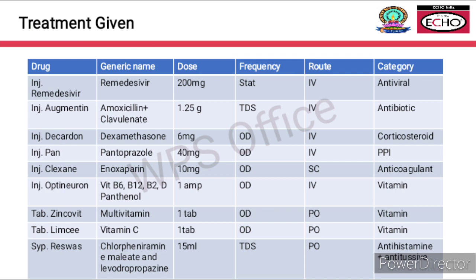Then tablet Ginkgobid, which is a multivitamin, is also given once daily orally. Then tablet Limcee, that is vitamin C, is also given once daily orally. Then Wikoryl syrup, which contains chlorpheniramine, 15 ml is given thrice daily orally. It is an antihistamine plus antitussive medication. So these are the medications which were received by the patient.